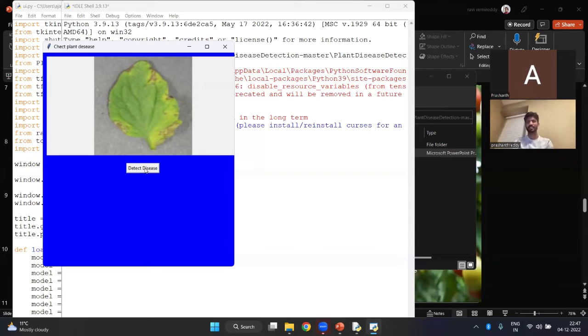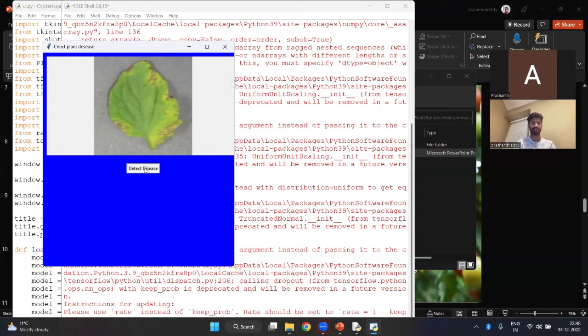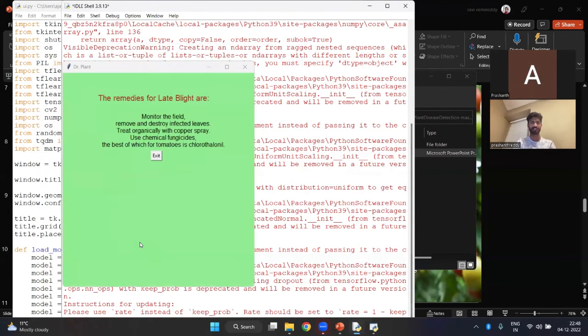After detecting, the CNN architecture carries out analysis and returns the status, whether it is healthy or unhealthy. So the status is unhealthy. The disease name is leaf blight. And we can see the remedies also. If you click on this, we can see the remedies for leaf blight.